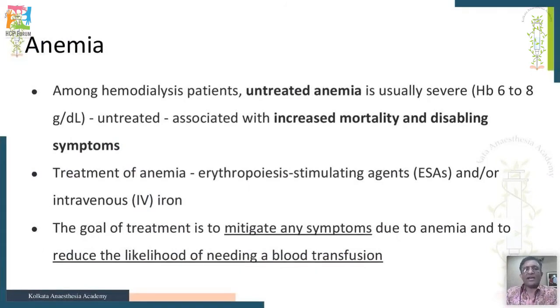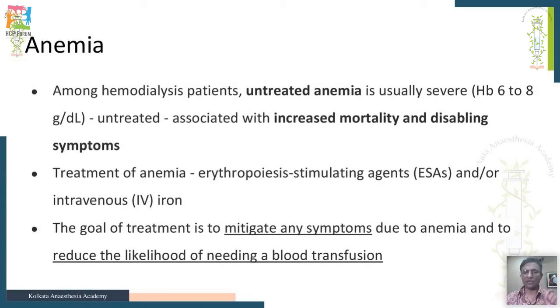Because, as I said, untreated anemia in a patient with end-stage kidney disease has increased mortality and disabling symptoms, more so if they have to undergo a surgery. So you have to get the hemoglobin levels up, so the person has symptomatic relief, and very important, this mitigates the need for a blood transfusion.